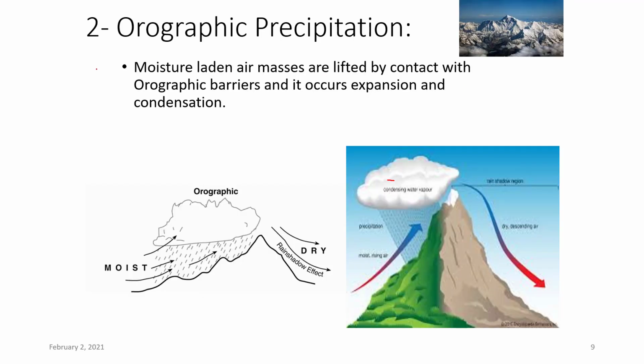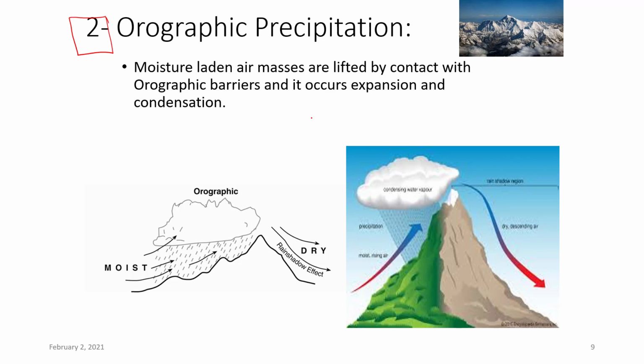Number two, the second type of rain is orographic precipitation. Moisture-laden air masses are lifted by contact with the orographic barrier, and expansion and condensation occur.